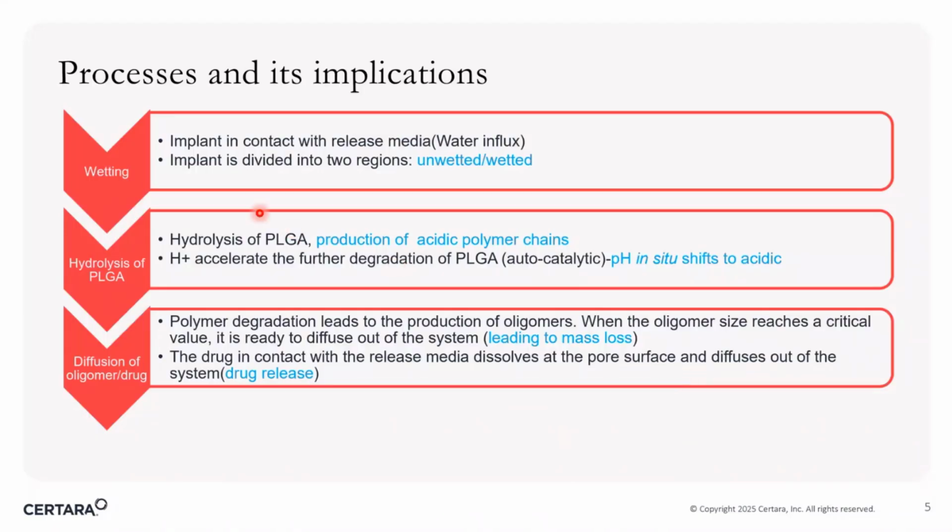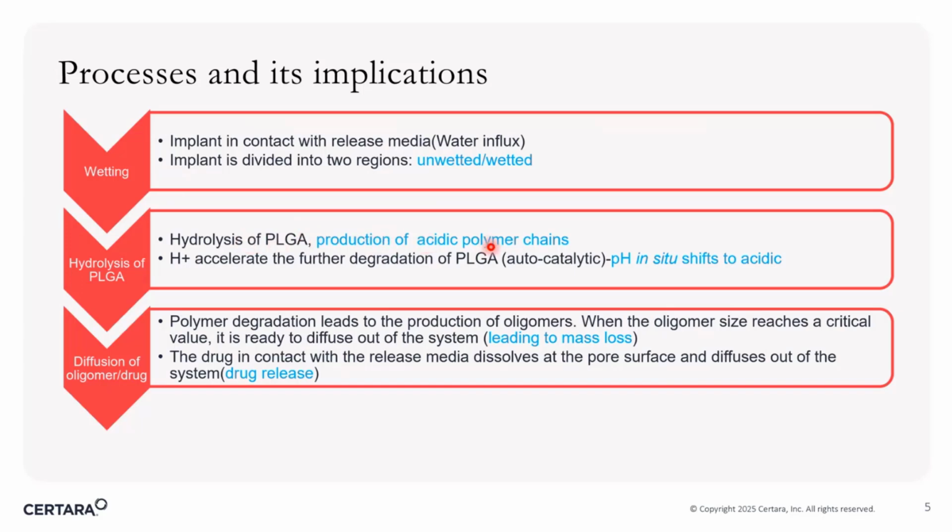So this is just to show you what are the sequence of interacting events when a solid implant is in contact with the release media. So initially the implant is in contact with the release media. Because of this, the implant compartment is divided into unwetted and wetted compartment. And because of the hydration, there is a production of acidic polymer chains because of non-catalytic PLGA degradation.